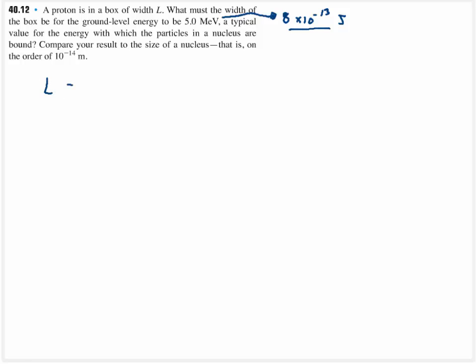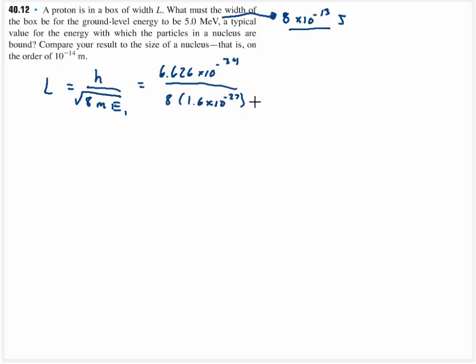So we're just going to rearrange the equation we have for a particle in a box and solve for L for the ground level energy. So this is going to be 8 times the mass times the very first energy, and so pretty straightforward, 6.626 times 10 to the negative 34th divided by 8. Be careful here, this is the mass of a proton, so 1.6 times 10 to the negative 27th.